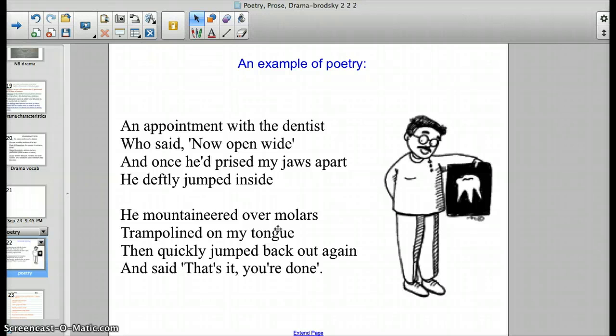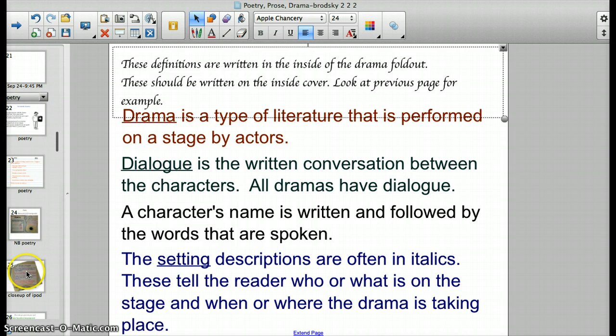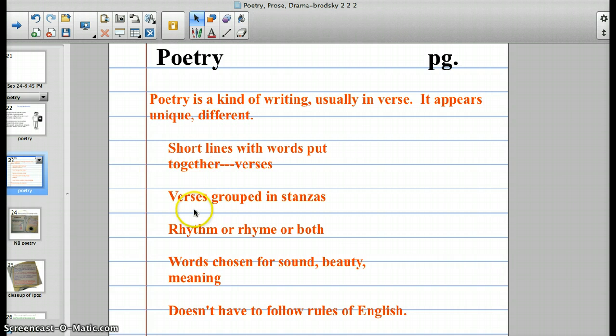What you'll notice about poetry is that a lot of times poetry is written with very specific structure. Poetry is written with short lines put together, which we call verses, and the verses are grouped in what we call stanzas.